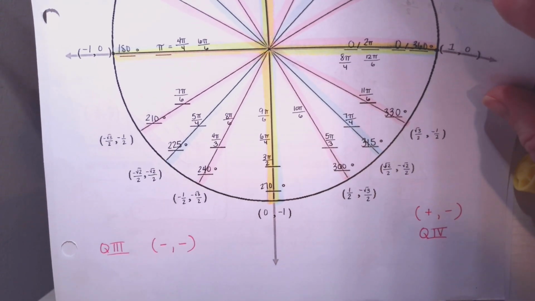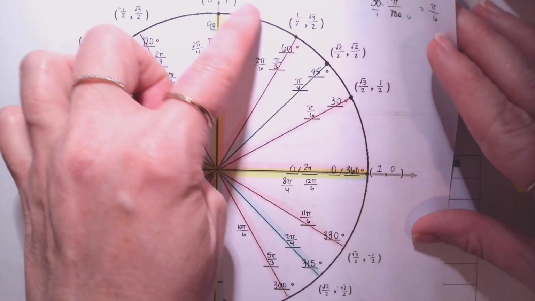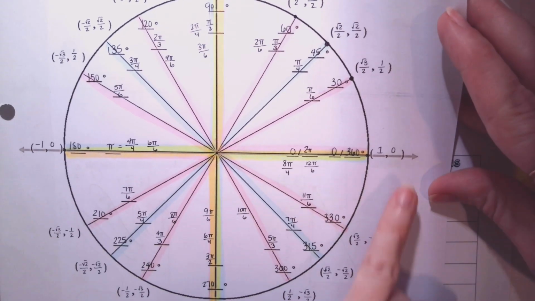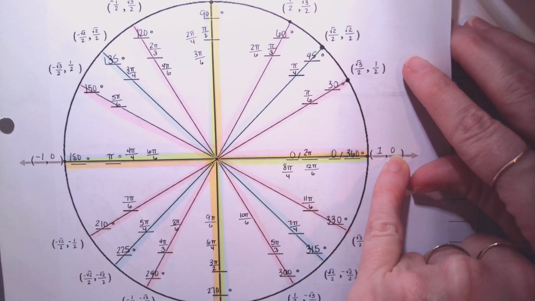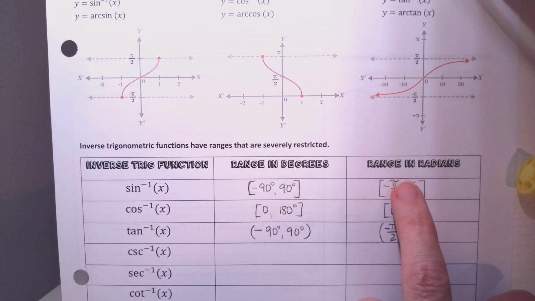If we were to look anywhere from negative 90 degrees to positive 90 degrees, there's only one place where if we were to take the sine value and flip it over, we would get something that's undefined, and that is at an angle of 0. So cosecant's range is almost the same as this, except we want to exclude 0.